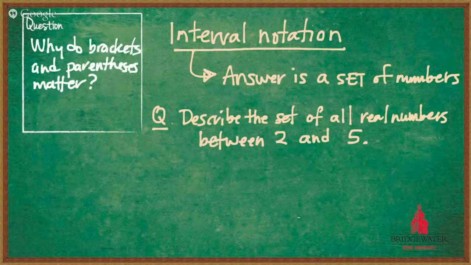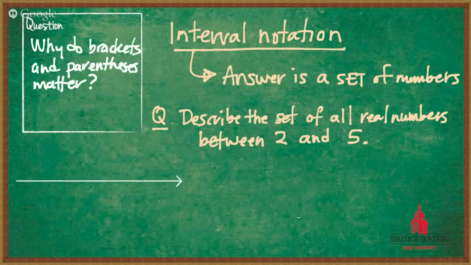This is a really elementary question, and one way of understanding what an answer might consist of would be to quickly sketch a picture, thinking about the real number line.